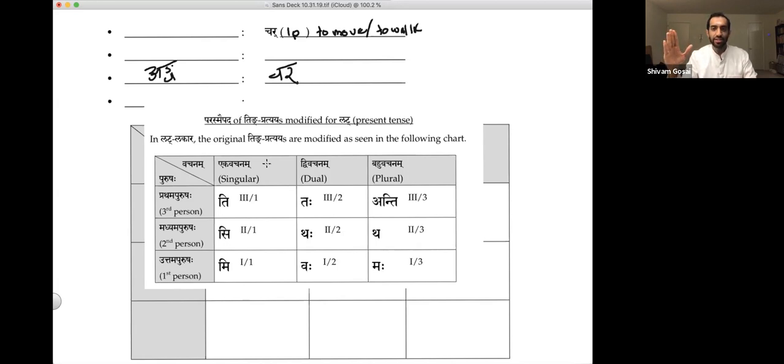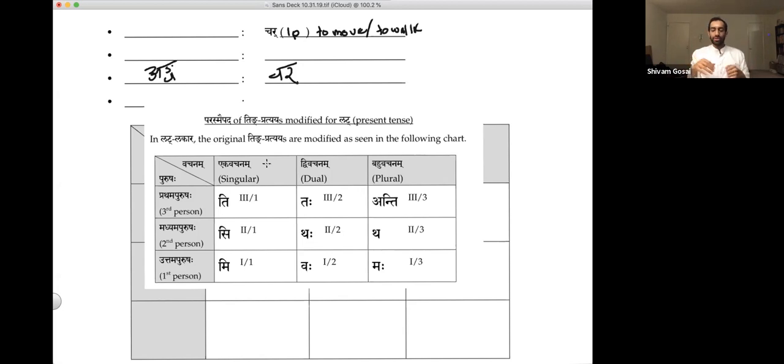And charamaha. Okay, so this is how we go through these different conjugations. We're just adding and remembering that there's some small rules in between, but it's basically just adding.